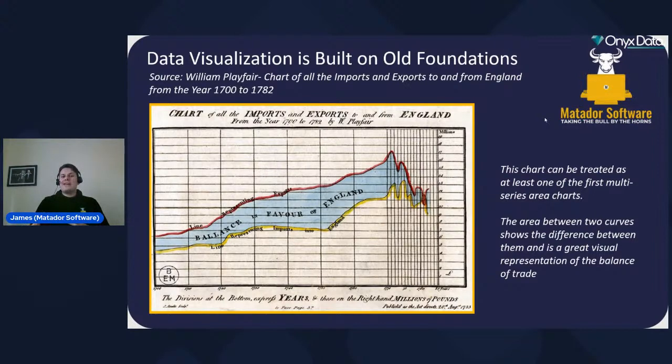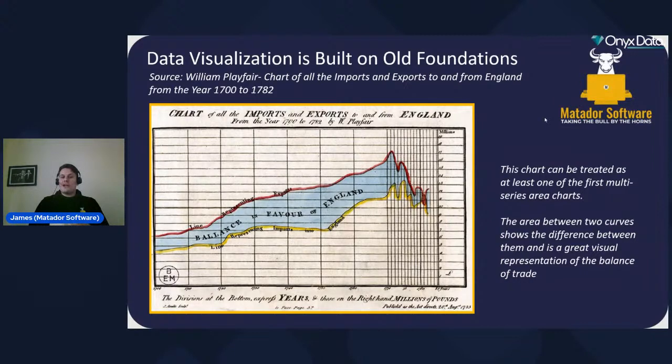To give you a second example of old foundations, this is supposedly one of the first examples of an area chart, like you would see in Power BI nowadays. It's by William Playfair, who's considered one of the founders of data visualization. And it charts the imports and exports to and from England between 1700 and 1782.